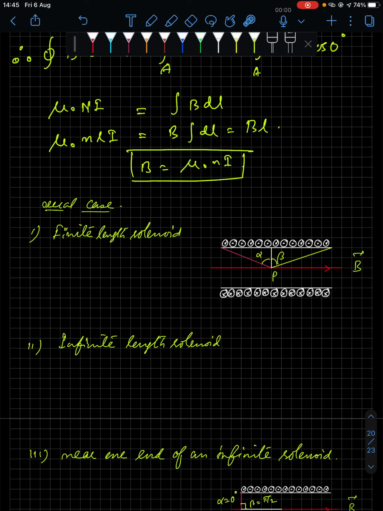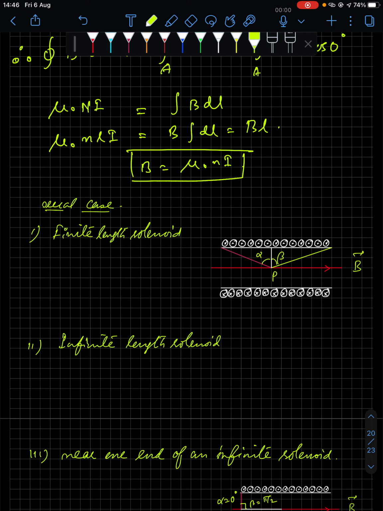So in the first case, from the midpoint, the point P that we have considered previously, from there you consider two angles, alpha towards this left end, this angle is alpha, and this angle is beta. Okay, now the magnetic field is along the right, fine.